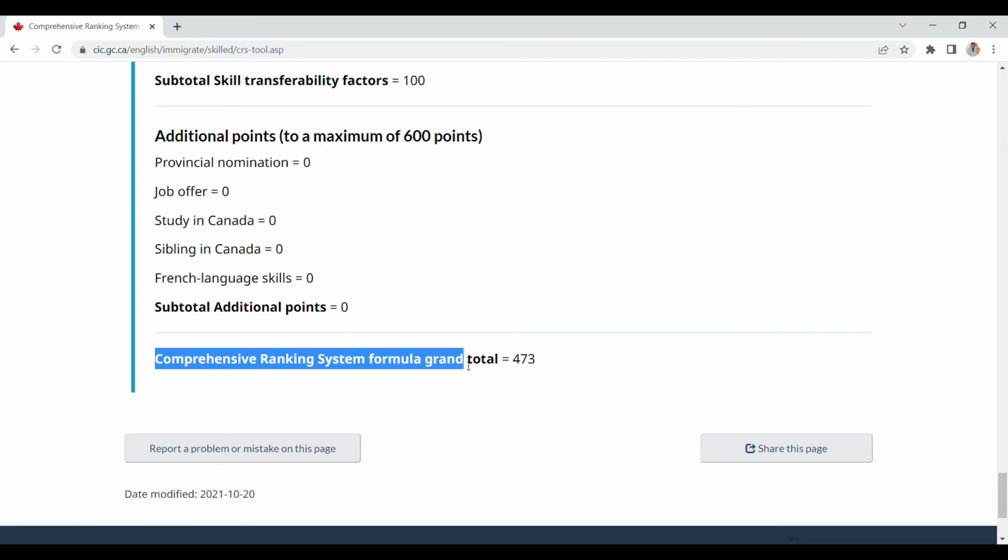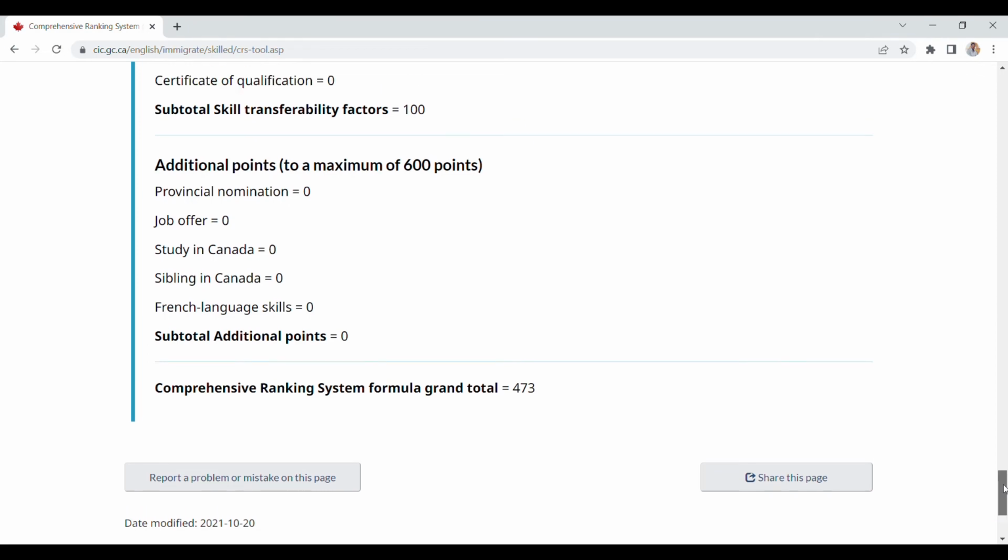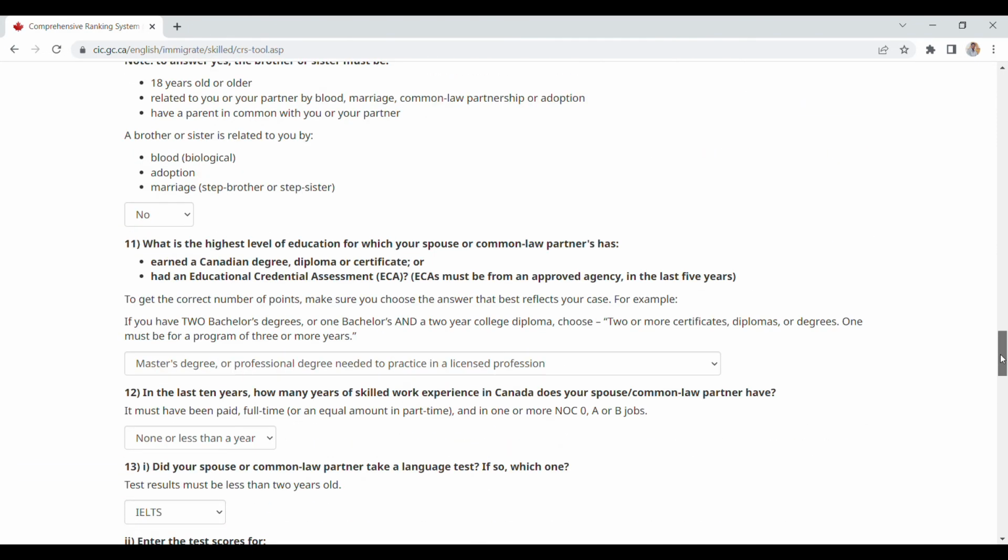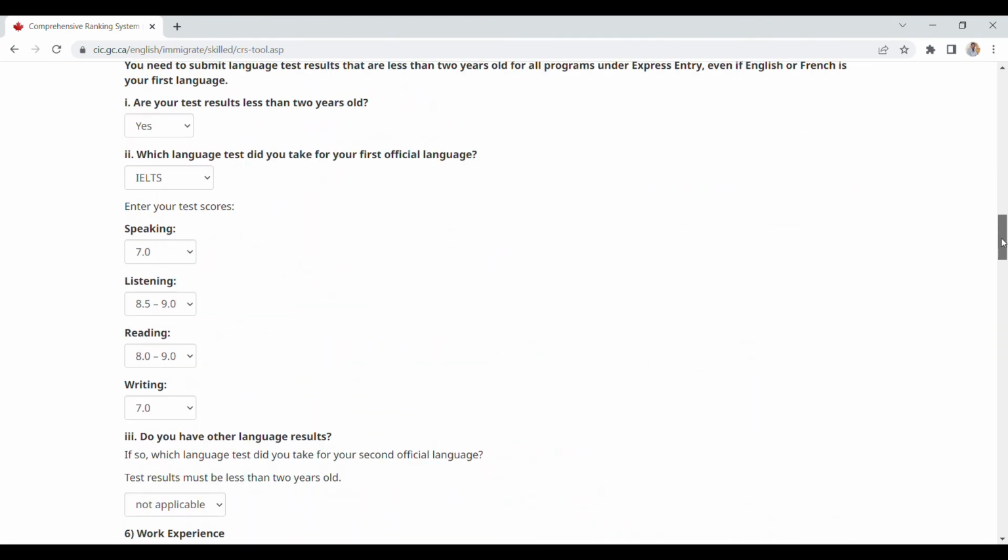And for our example, which we have taken, the applicant has received a total score of 473, which is a really good score. But again, you can enhance these scores further, and let me show you how. So we'll go back to the IELTS exam scores. Now I will include the actual scores which Nish and Joy received in the IELTS exam.